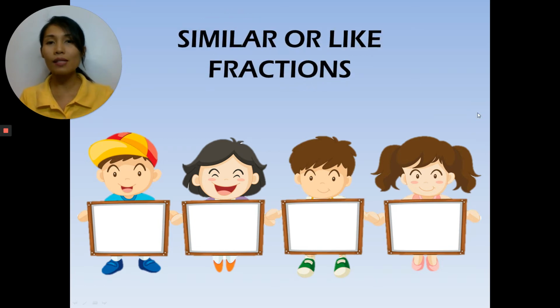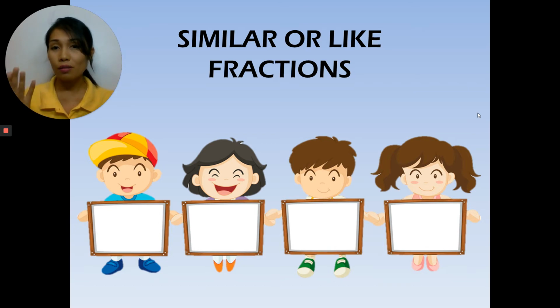We call this similar or like fractions. We will say similar or like fractions with a group of fractions, either 2, 3, or more. We cannot identify similar or like fractions or dissimilar or unlike fractions with only one fraction. So in here I have 4.